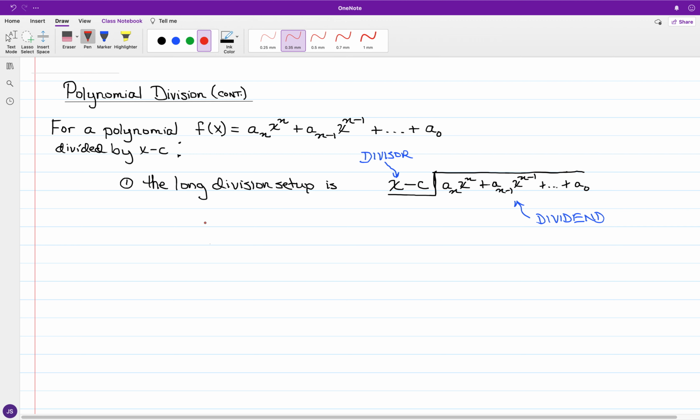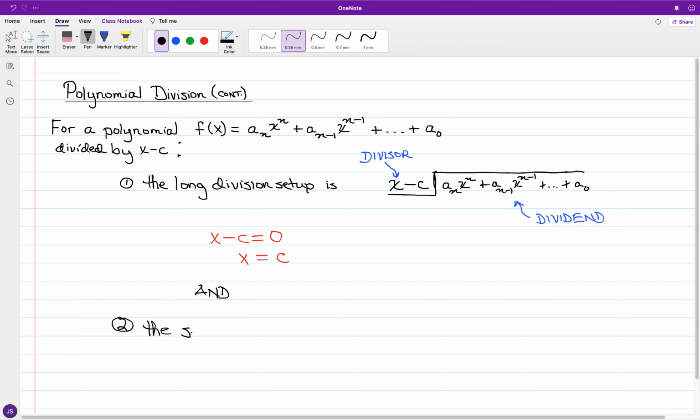Now, if I take this linear expression and set the divisor equal to 0, in this case x minus c equals 0, I have that x is equal to c. This is going to be the long division setup with the 0 from the divisor, and you're going to have the synthetic division setup.